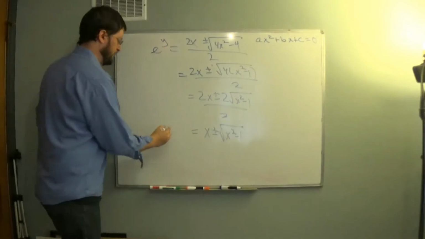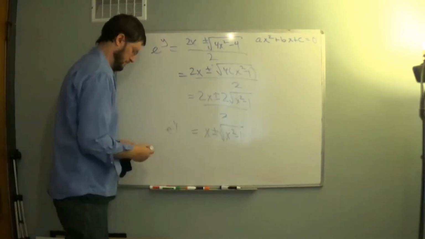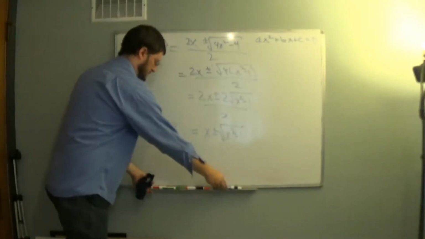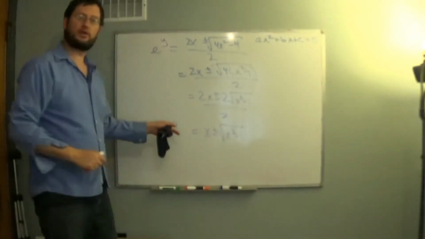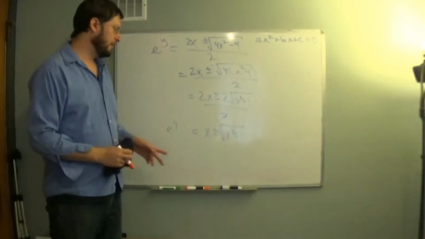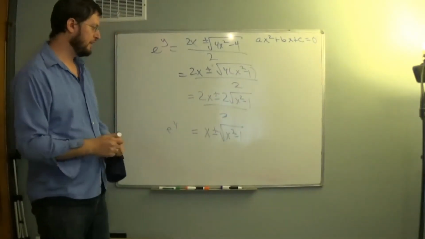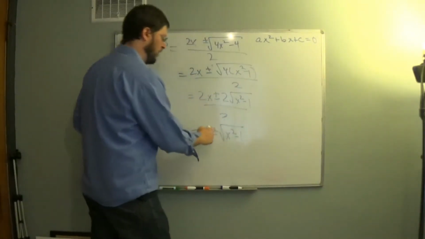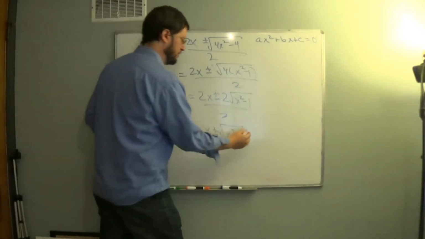Now, a few things to point out here. No matter what y is, e to anything is positive. So this has to be positive. And so that means that we're only going to need the positive root here.